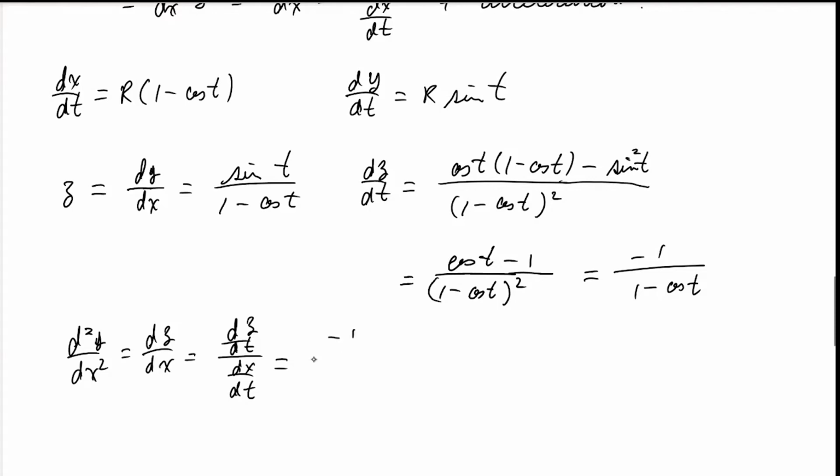So do you see this is negative 1 over r times (1 minus cosine t) squared? Do you see that or not? Okay, wait, did I lose r somewhere?